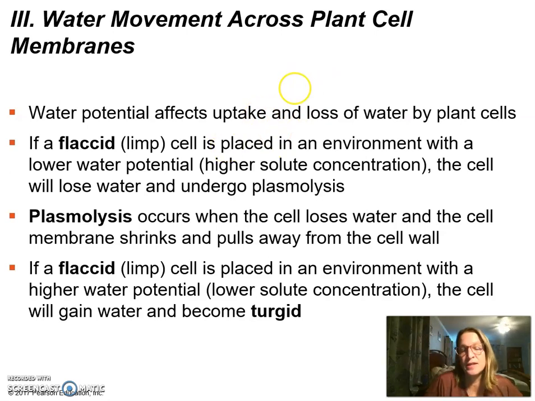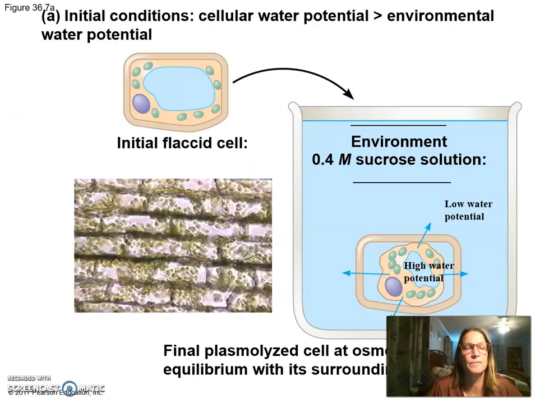What that means is the central vacuole fills up with water, and the cell membrane swells and pushes against the cell wall so that the cell becomes really firm. So we are going to see some diagrams and some videos of that.